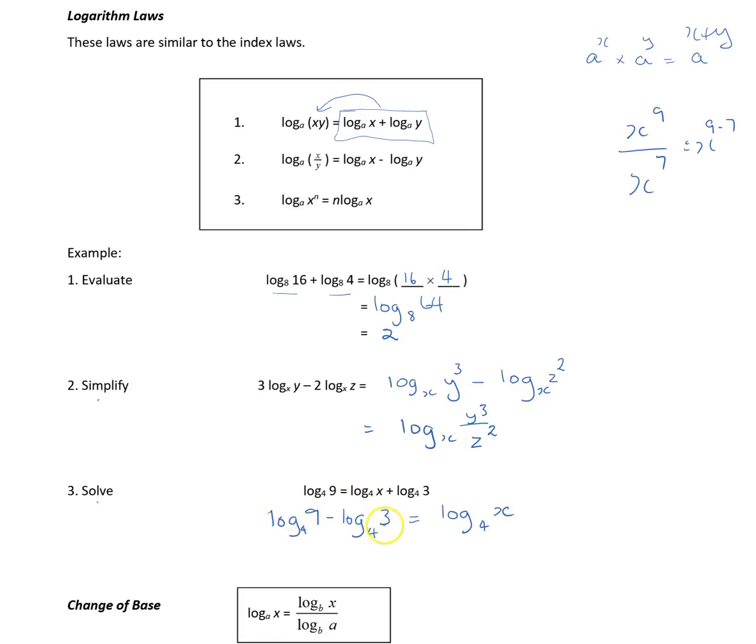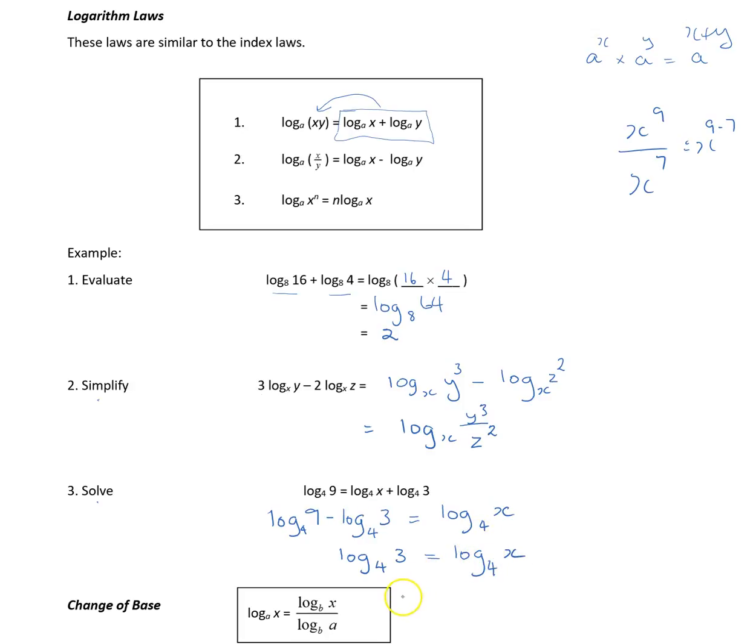Looking at this, I could put those two together using law 2 in reverse and say that's log to base 4 of 9 divided by 3, which is 3. And I'm looking to find x.